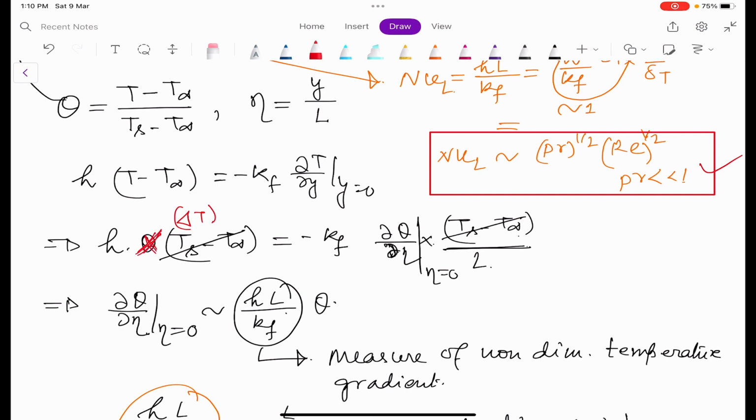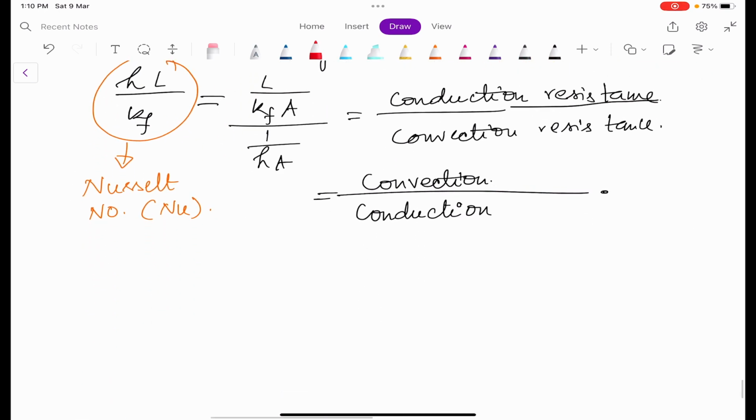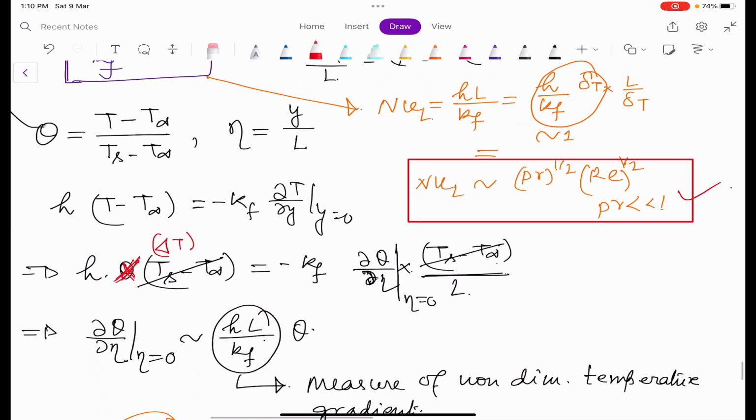So what we should do is do the non-dimensionalization in another way. So let me show you. Theta is equal to t minus t infinity. So that was mathematically wrong. Let us see it in a better way.